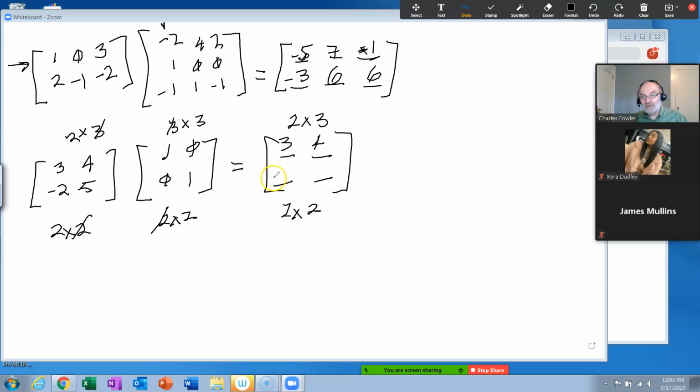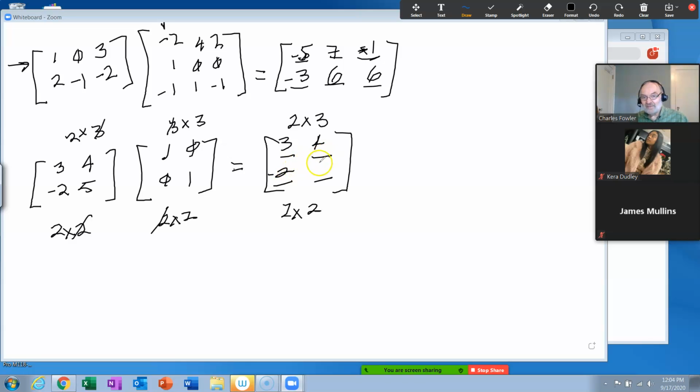Okay, the 2, 1 entry here, second row here, by first column here, that would be a negative 2 times 1 is negative 2, plus 5 times 0, that would just simply be a negative 2.